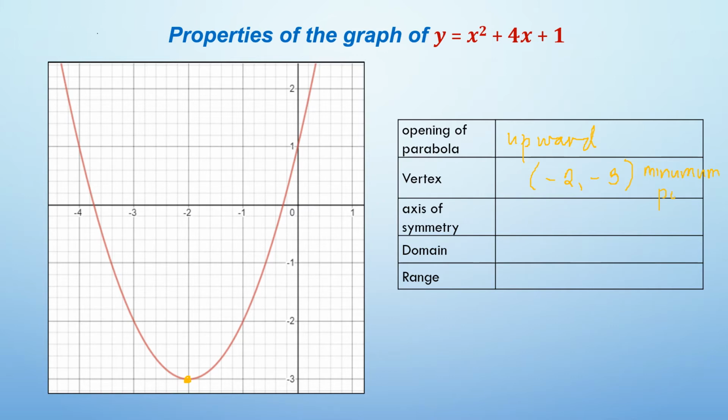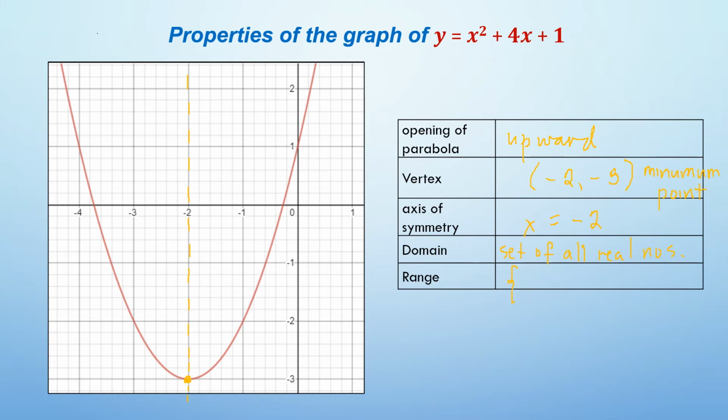point of the parabola. The axis of symmetry is the line that divides the parabola such that half of it is a reflection of the other half. So x is equal to -2. The domain is the set of all real numbers.